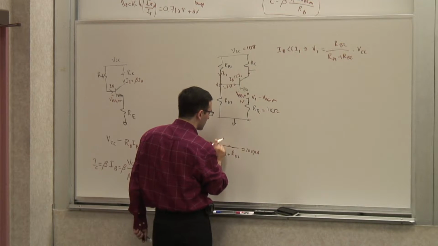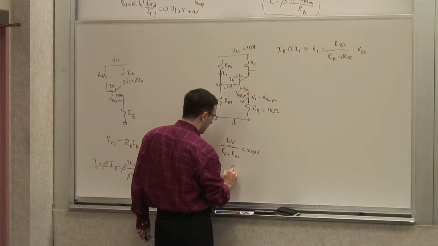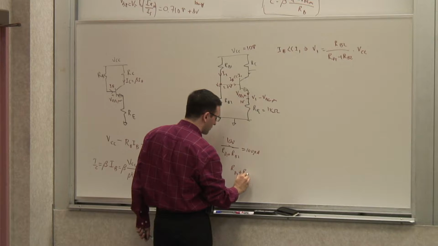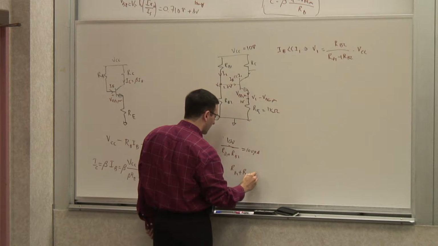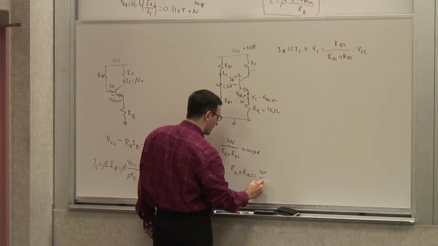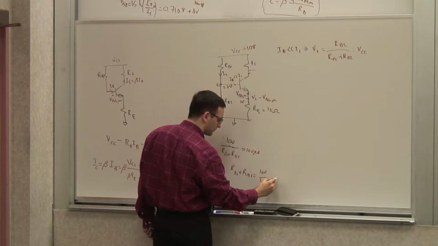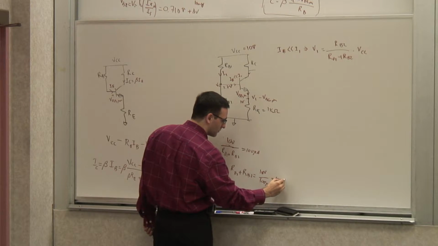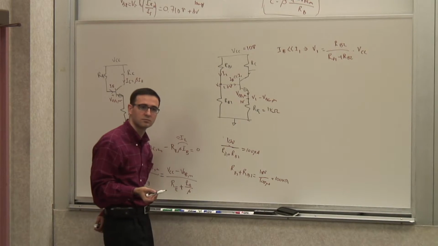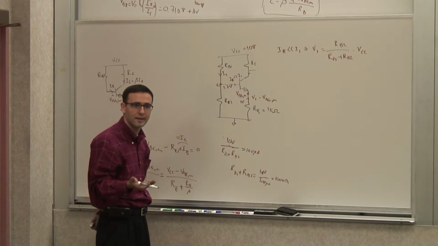And this is 10 volts. So RB1 plus RB2, the sum of the two resistors, is 10 volts divided by 100 microamps. That's 100 kilo.